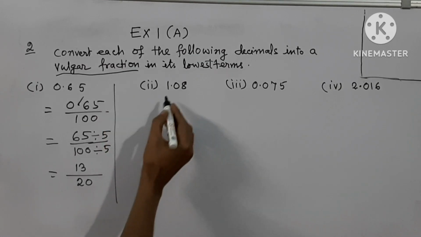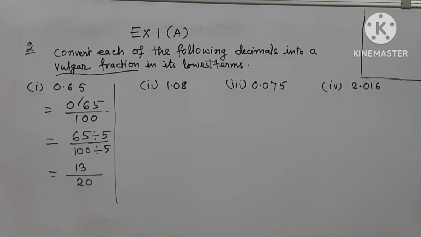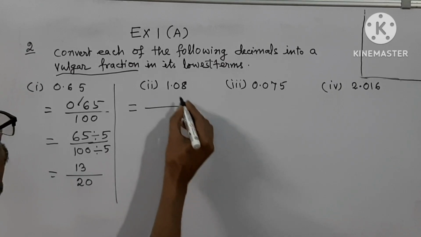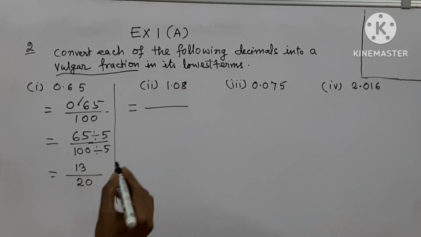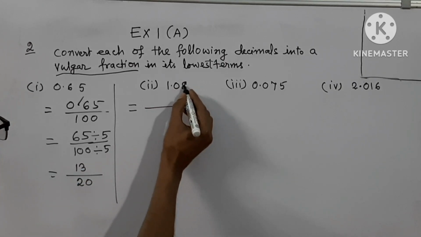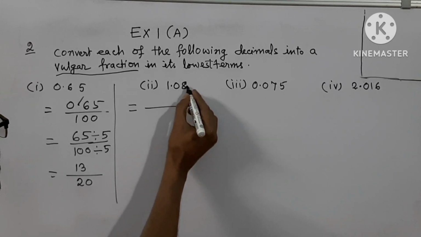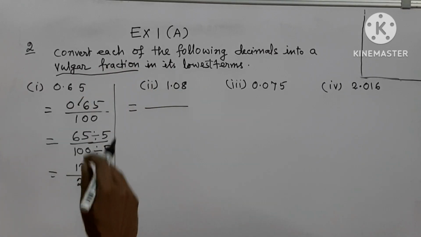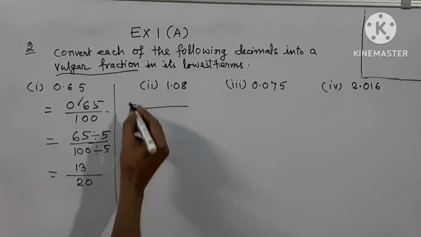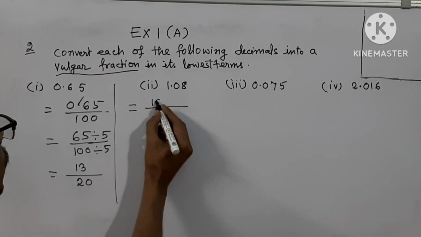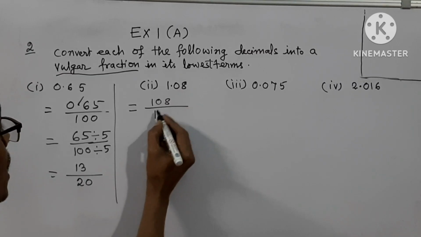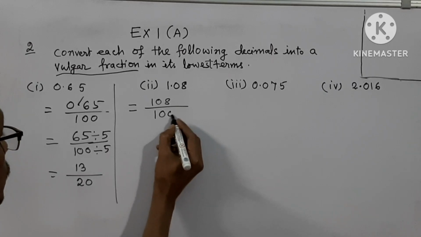Now let's do number 2. 1.08, again. Now you can see the decimal is just from the right. If you count 2 digits, after 2 digits, then you will put 108, and after 1 you will put 2 zeros.